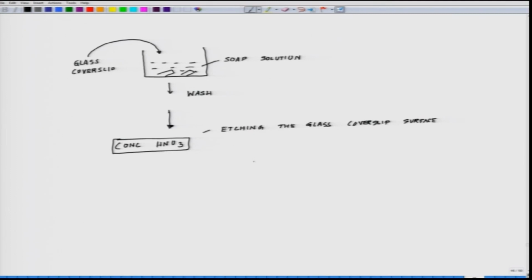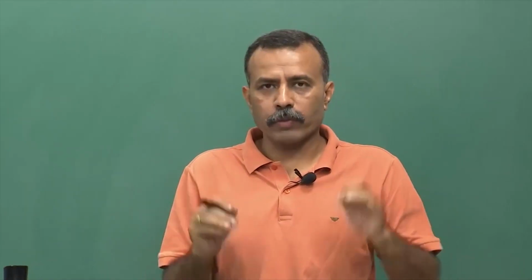What HNO3 essentially does, if you have a glass like this, is etch out some of it. There are people from the old school who use hydrogen fluoride, which is much stronger, but you can actually tweak the time and make it good enough for your purpose.